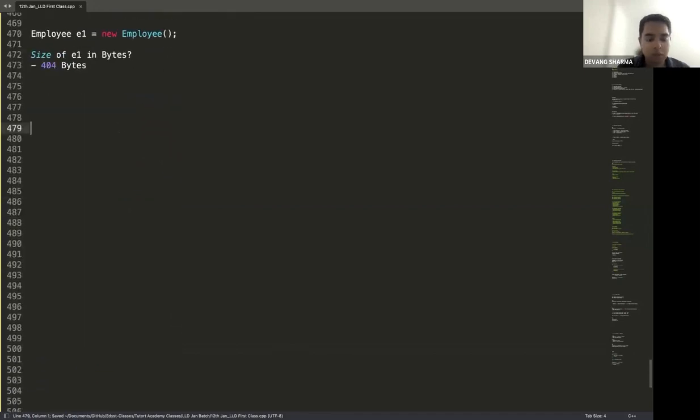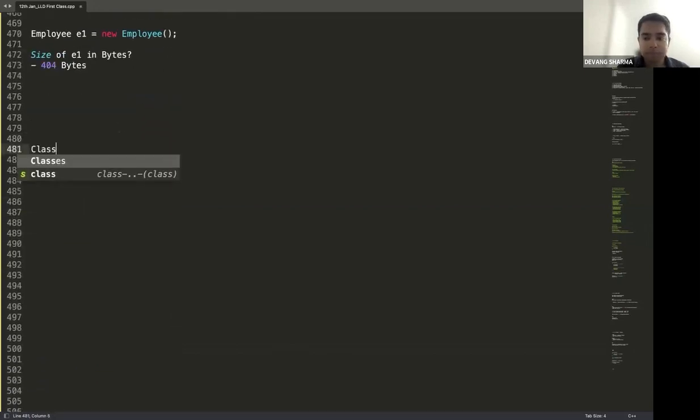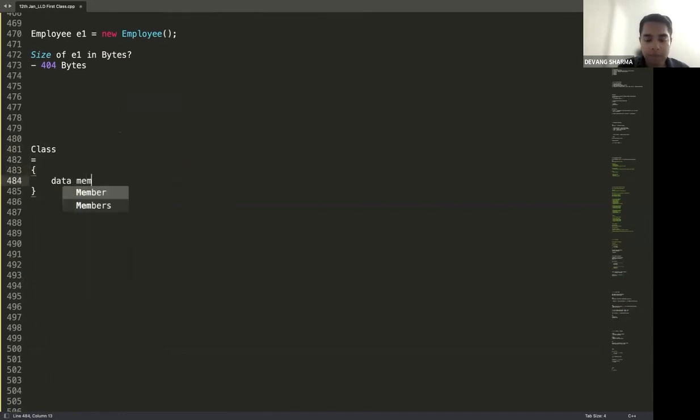Okay. So now coming back to the class. Class is a combination of data members plus the member functions that we already know. When we say data members, what does that mean? It's the information, or we call them attributes.